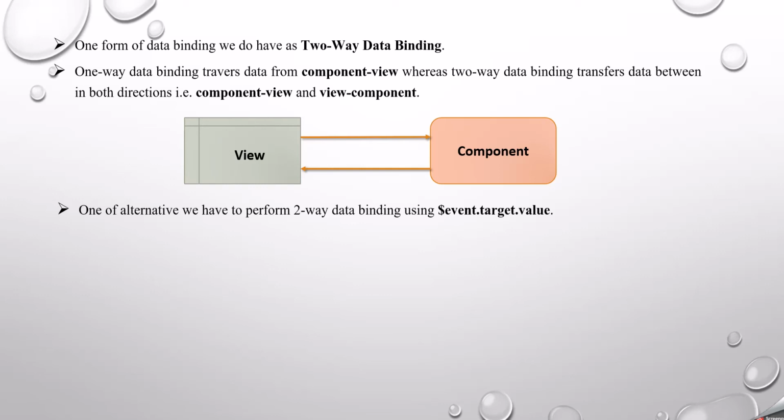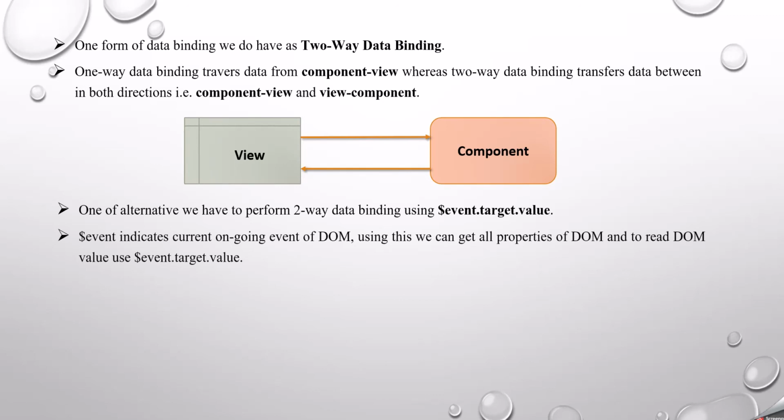Let's suppose I'm talking about a typing activity or clicking activity. $event will capture all the DOM properties, and using that you can get the event, the property name, and everything. To get the value we use $event.target.value, nothing else. So let's move to the code part and see how we can achieve this using $event.target.value.